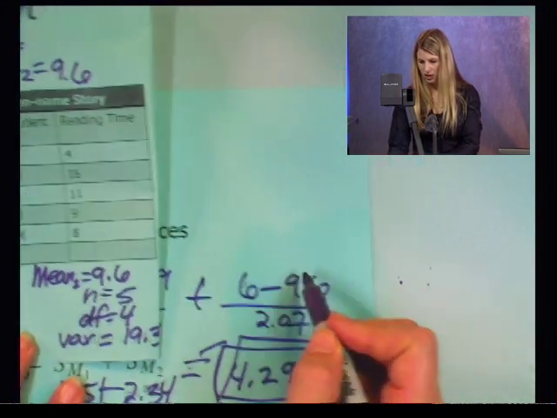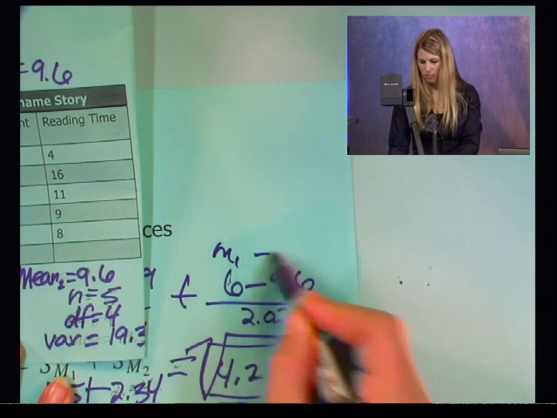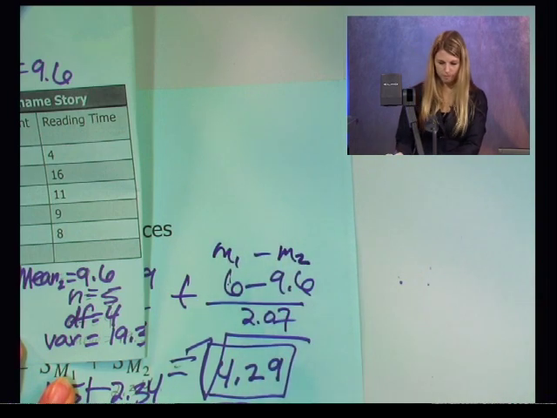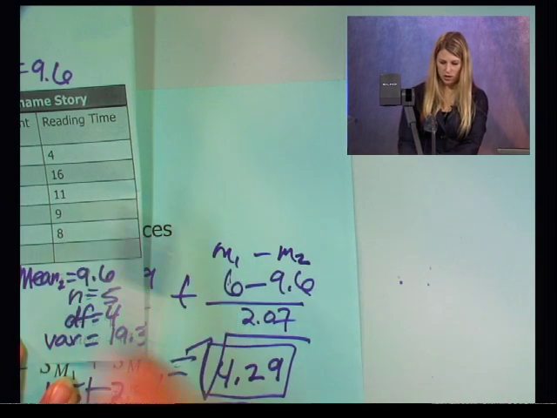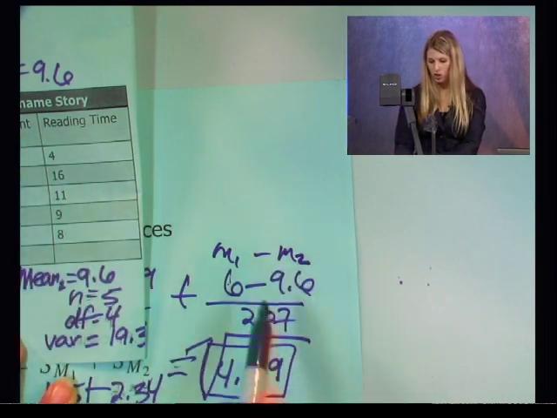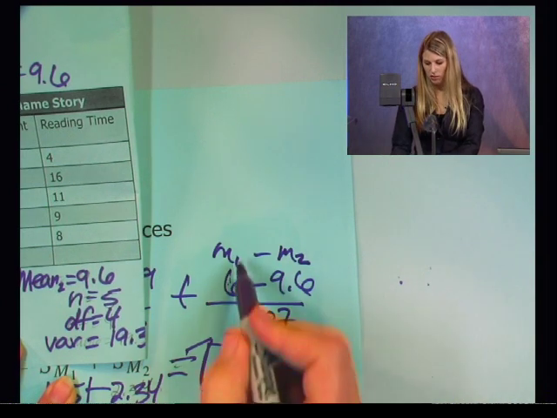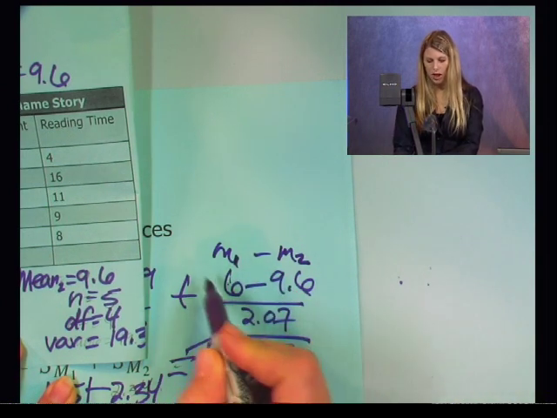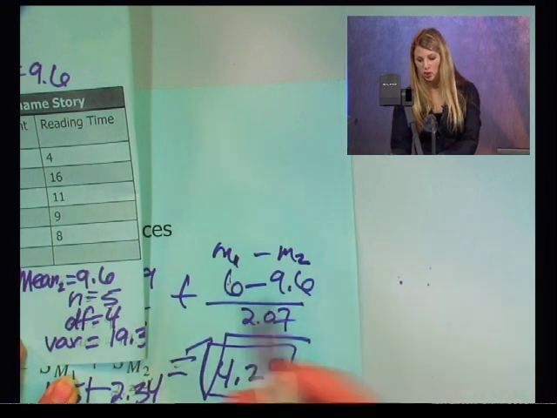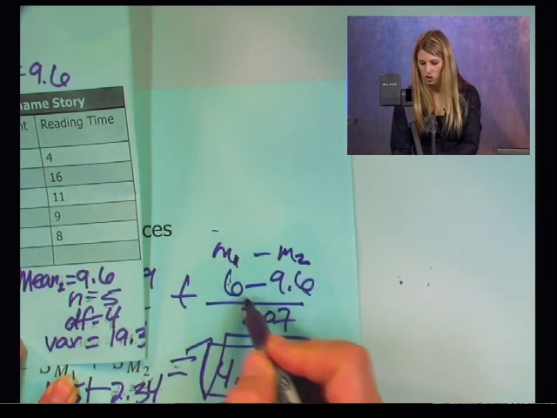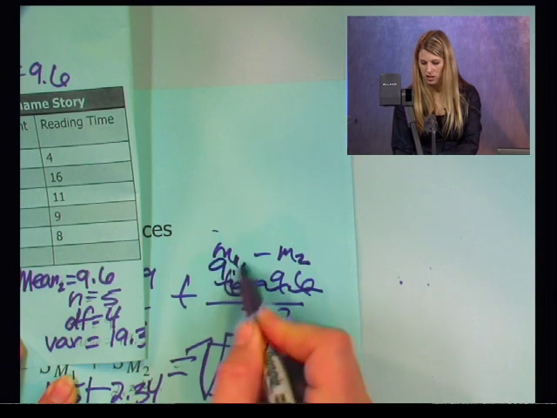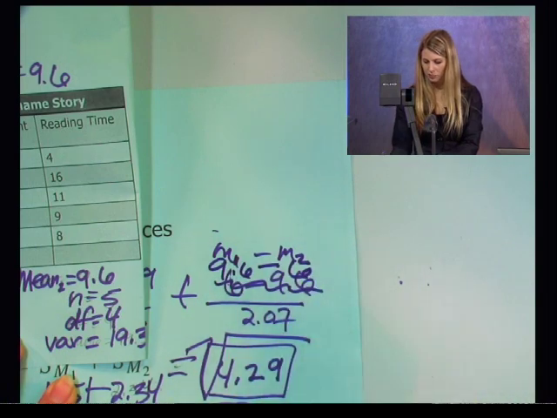Remember the T, you just calculate mean 1 minus mean 2. Now let's see. We actually called group 1 our own name story, so you want to switch these. It doesn't matter because either direction you're doing a two-tailed test, but if you're going to call group 1 your experimental group, reading your own name story, we'll go ahead and switch these around. So we'll do 9.6 minus 6.